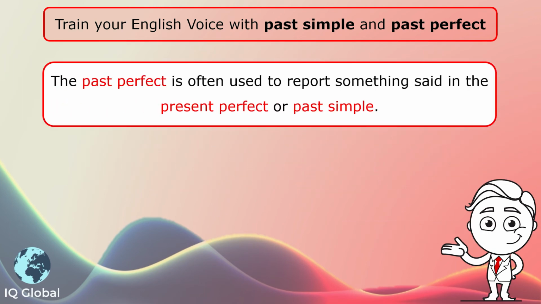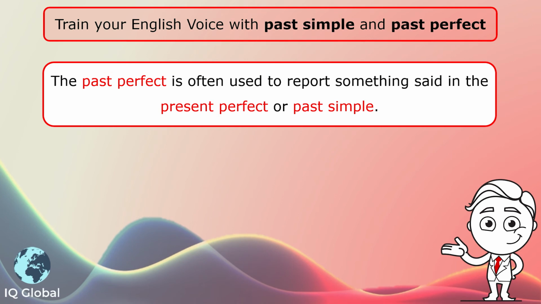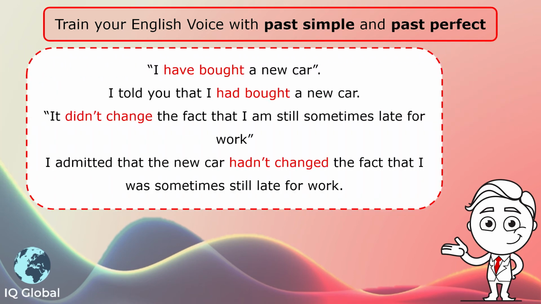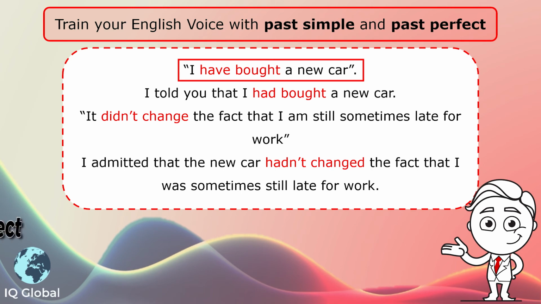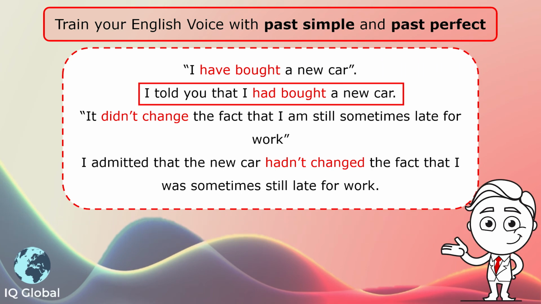And finally, the past perfect is often used to report something that's been said in the present perfect or past simple. For example, I have bought a new car, present perfect. I told you that I had bought a new car. This is the past perfect.